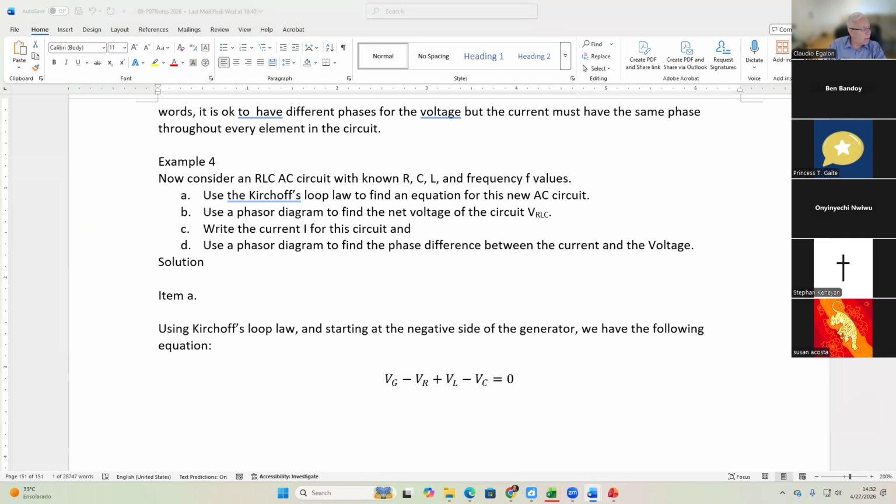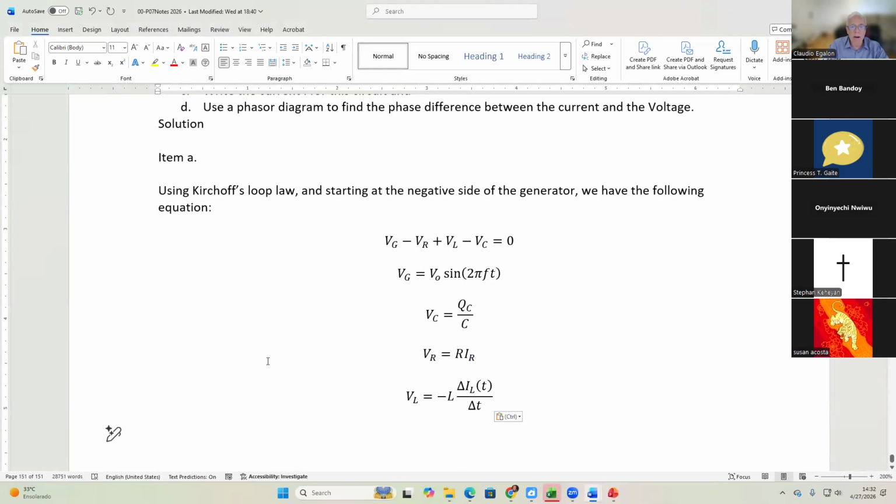And now we can continue with our derivation, right? Now we have to substitute each of those terms that you see right in here. For the generator, we already have this term. For the capacitance, we have this term. For the resistor, we have this term.